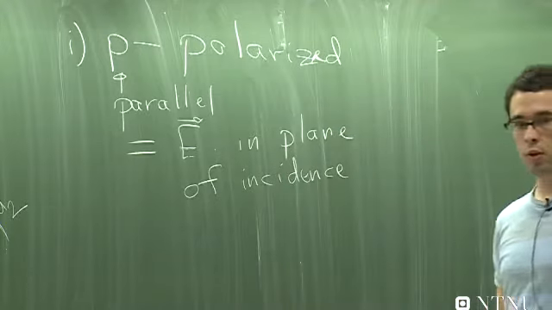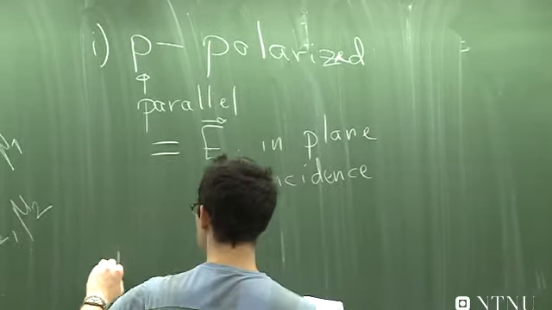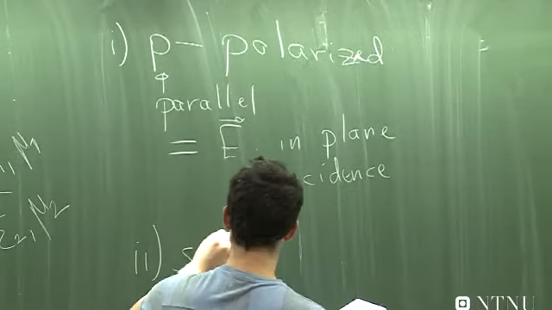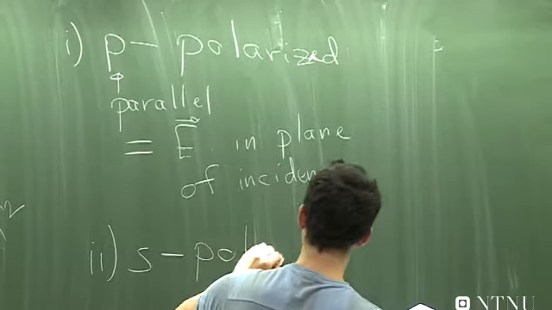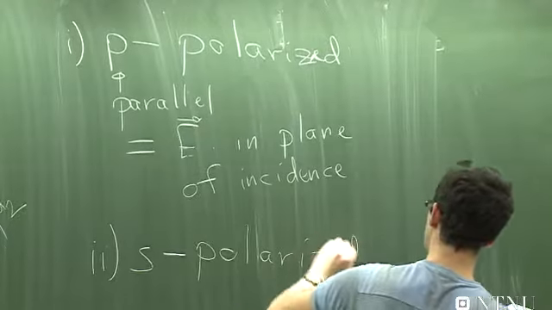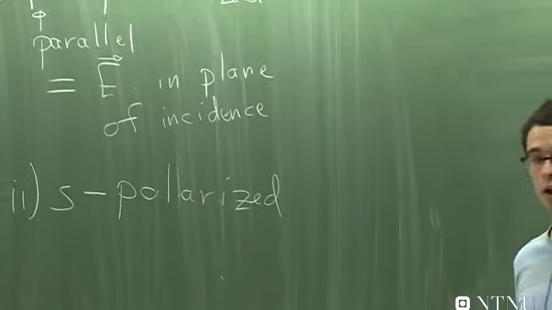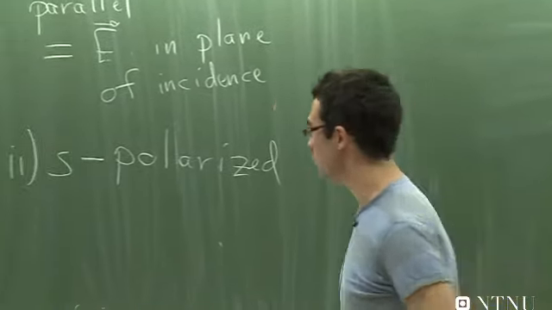And I also have something called the S polarized. And this is when the electric field is orthogonal to the plane of incidence.